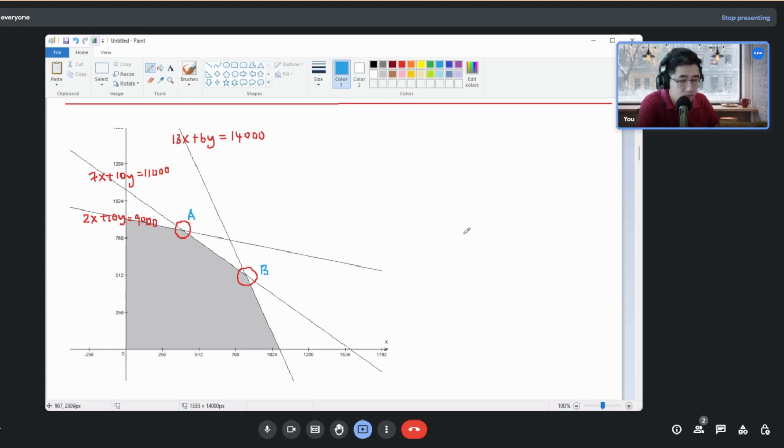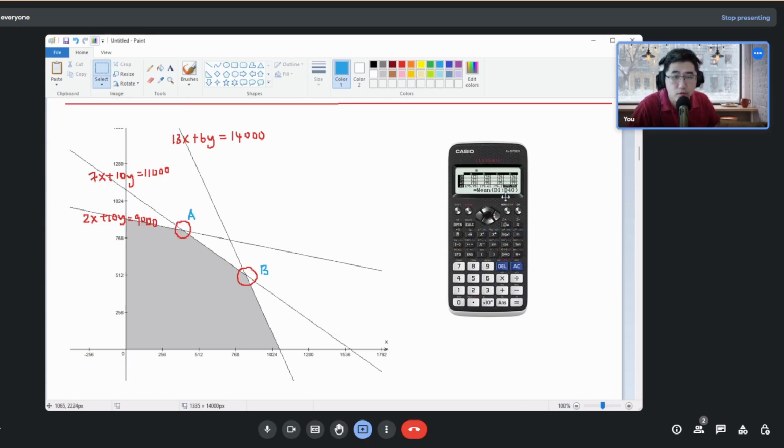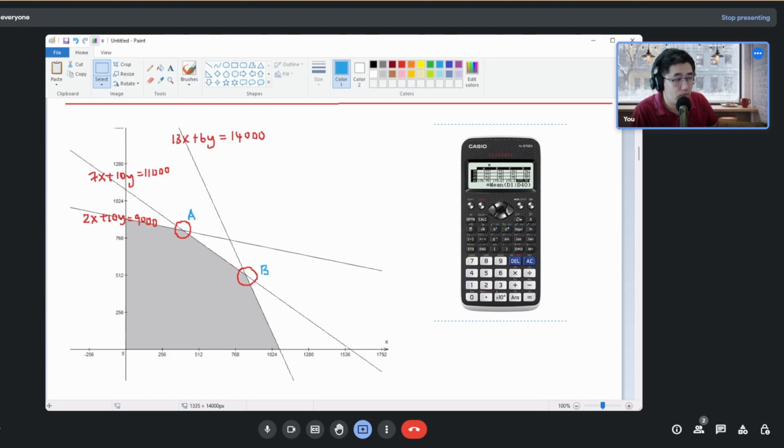This is the calculator that we will be using. So how do we actually use this calculator?